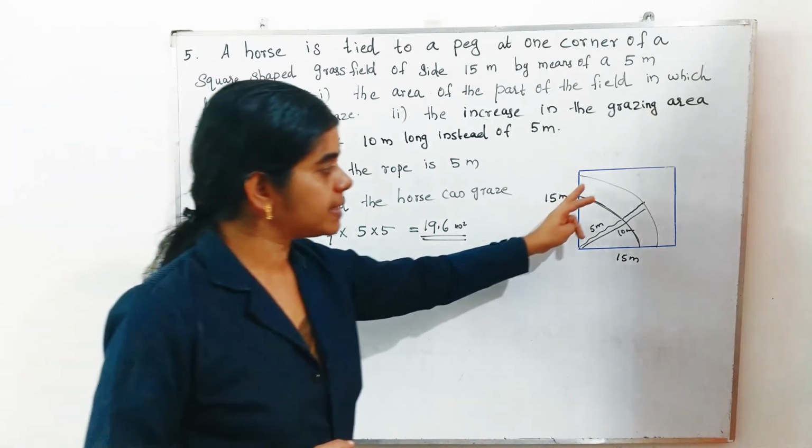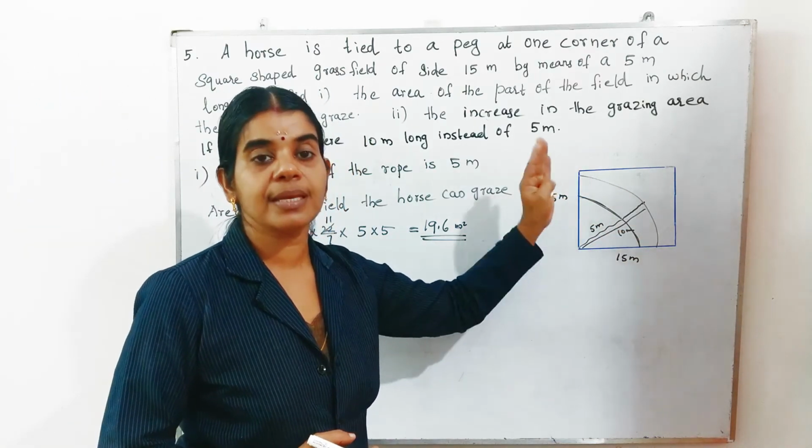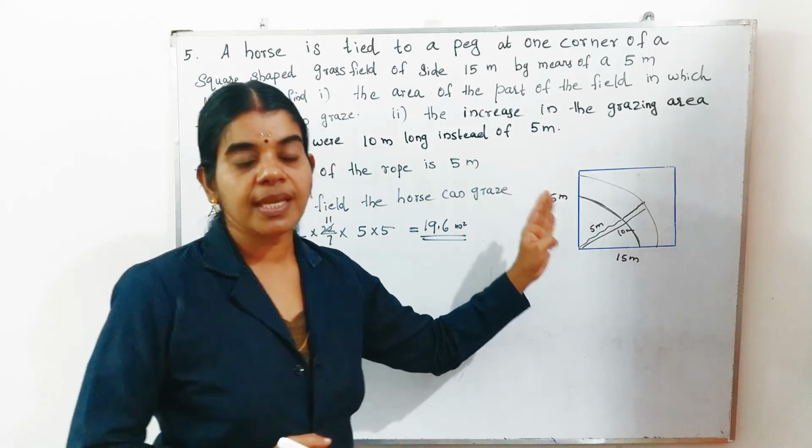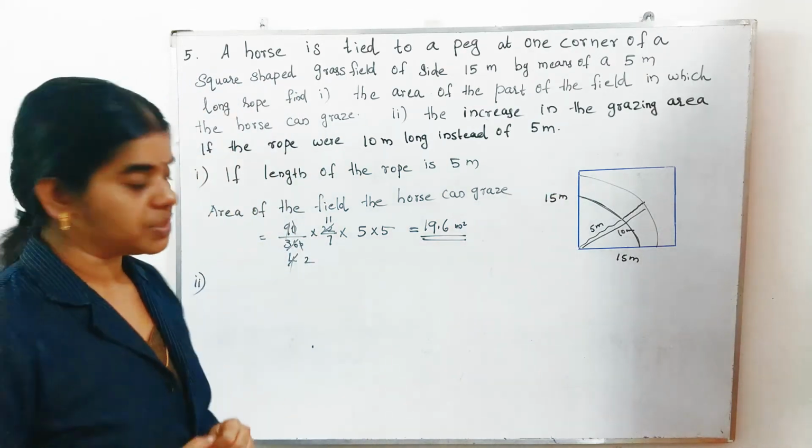So first we can find the area of the field the horse can graze if the length of the rope is 10 meter.